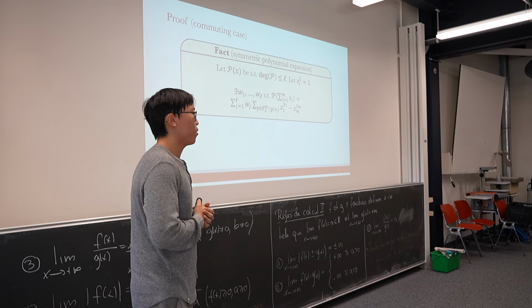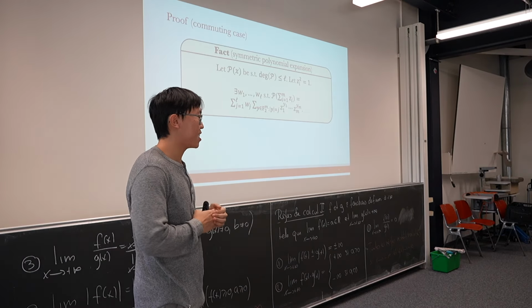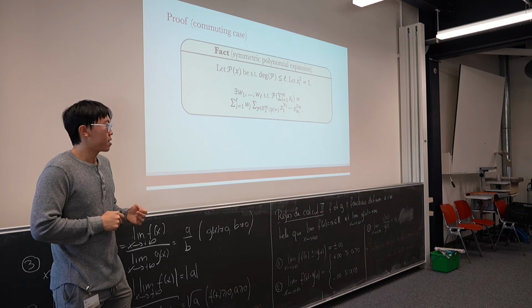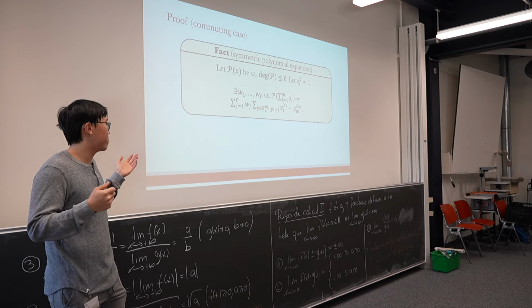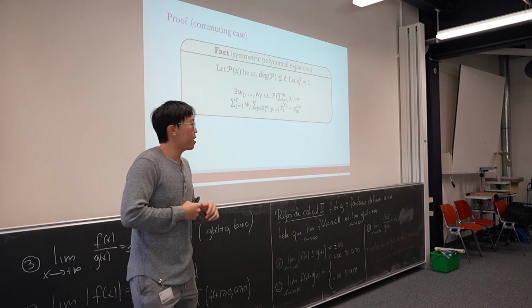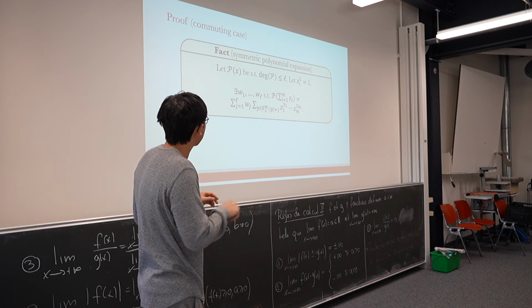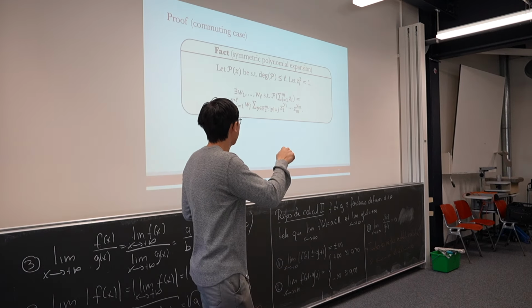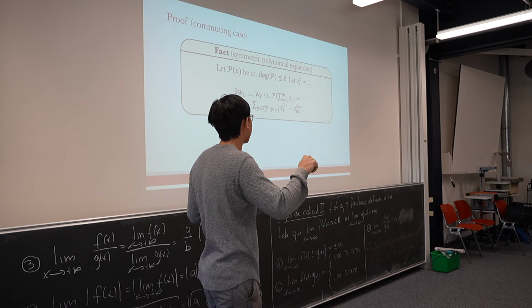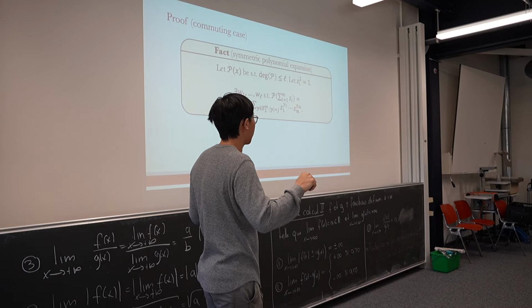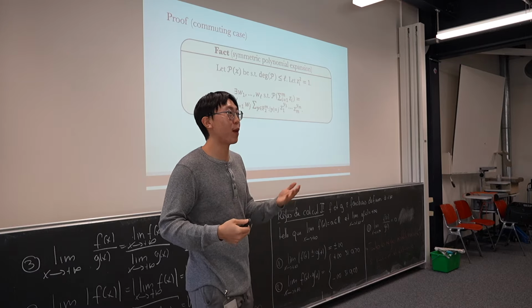Let me now tell you how the reduction works. How does HDQI prepare that state? The key fact here turns out to be a simple fact about polynomials in that they can be expanded in this symmetric form. What I mean by this is you have some polynomial whose degree is, let's say, L, and I have a bunch of variables, z_i, whose squares are 1. You should think of these as the Paulis because they are.